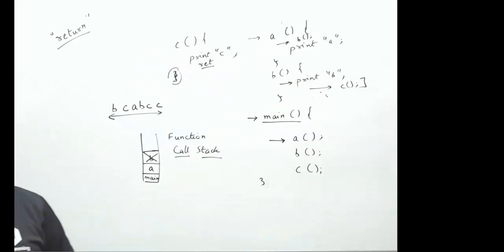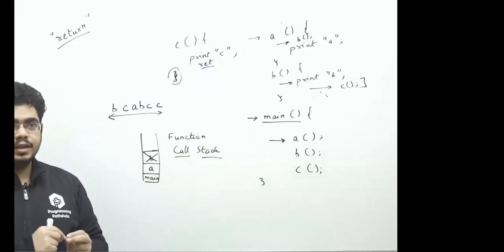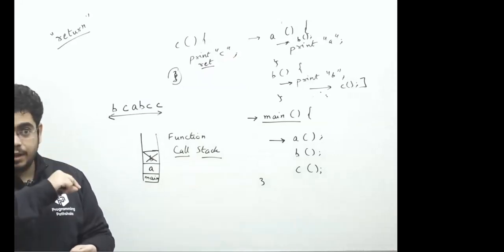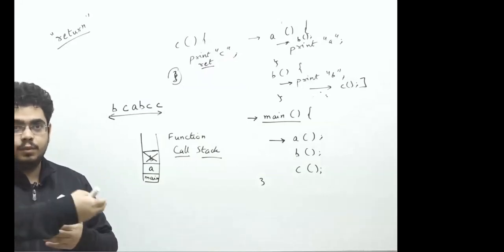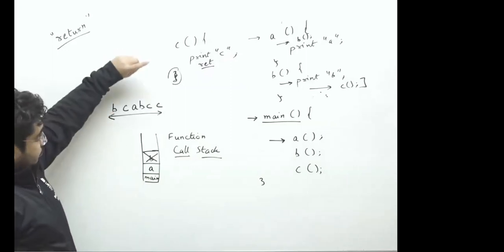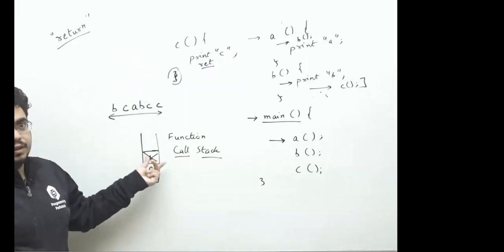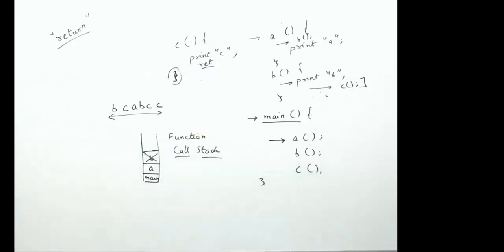Is this making sense? Return simply means you have gone back to the parent, to the previous one. By parent I mean the one that called it. And that simply means that you are removing one thing from the call stack. If you're not able to understand this, let me know with a no or a repeat.